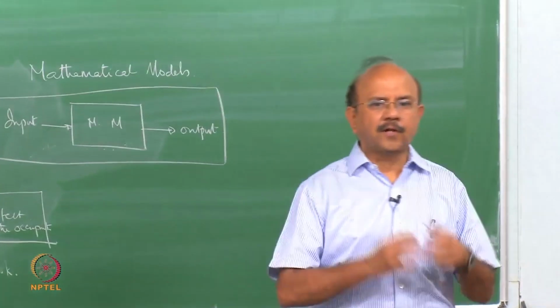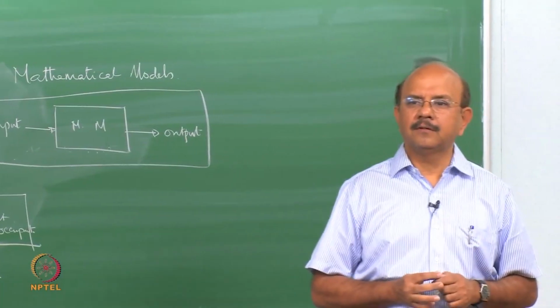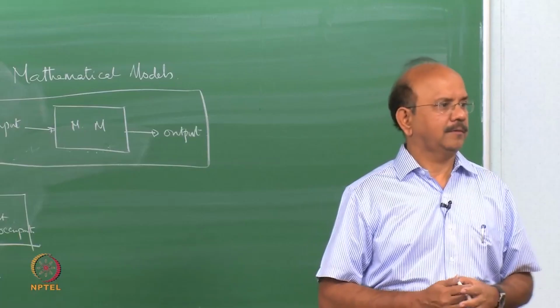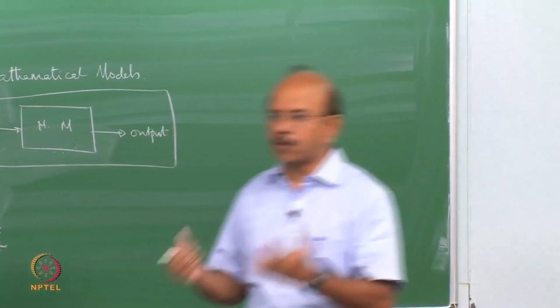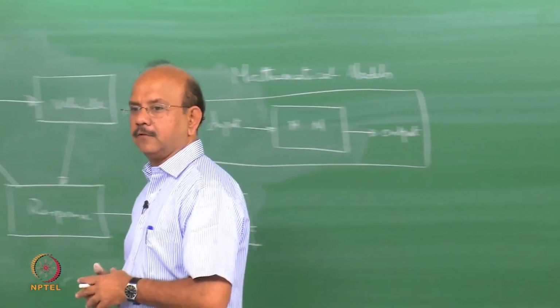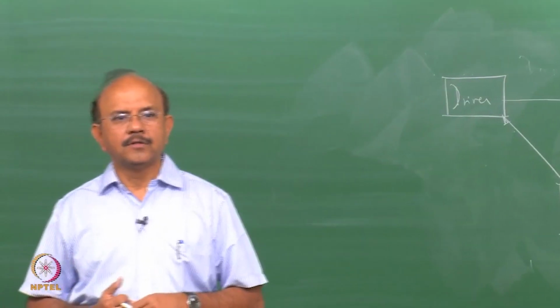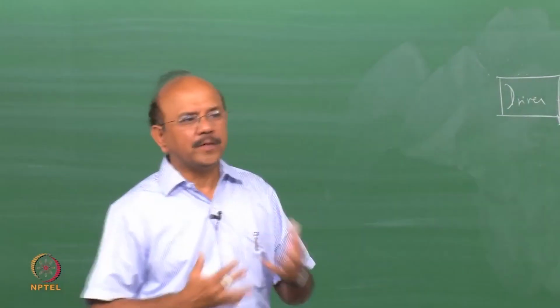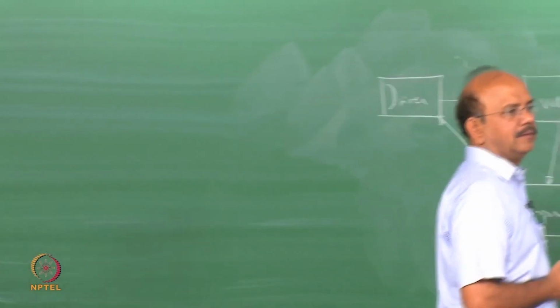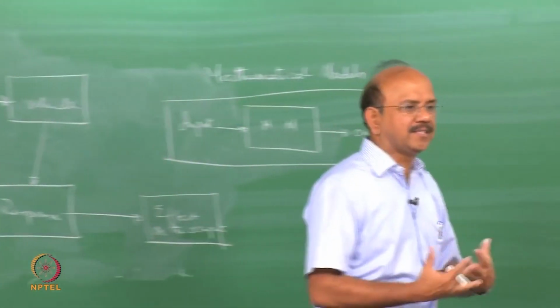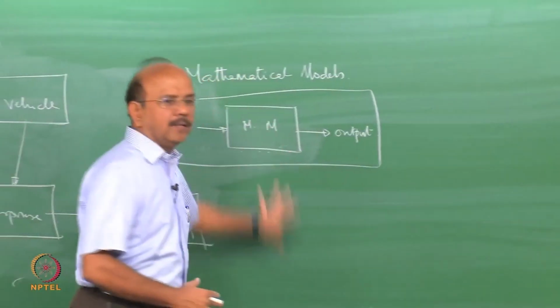Okay. When we talk about dynamics, we have to talk about Newton, we have to talk about Euler, the Newton-Euler equations and so on. So, these equations will form the basis of our development of the mathematical model.